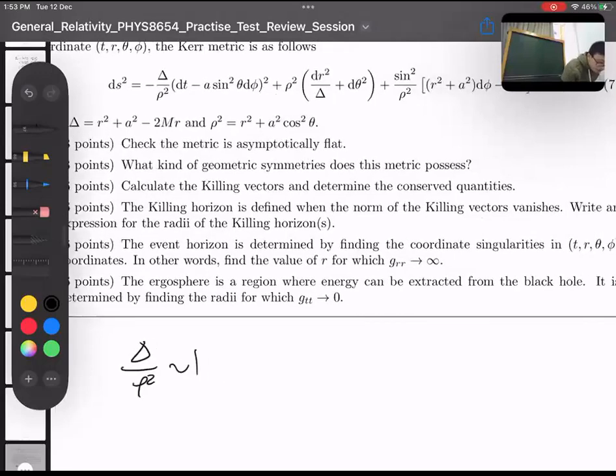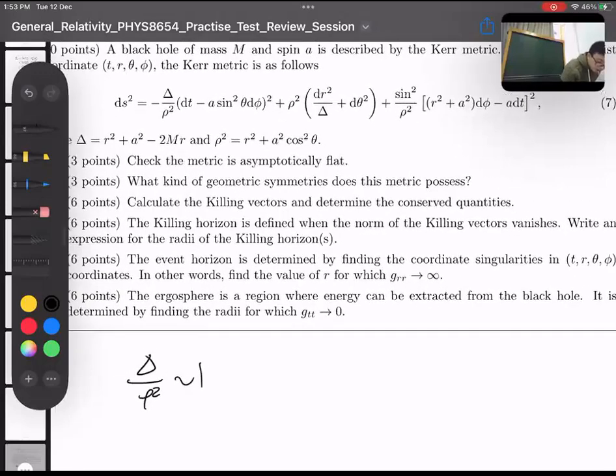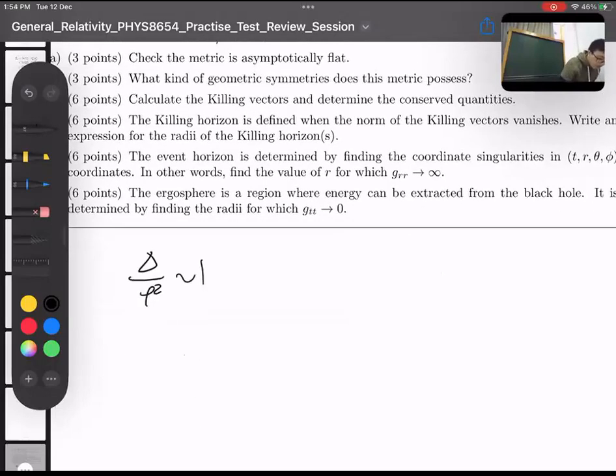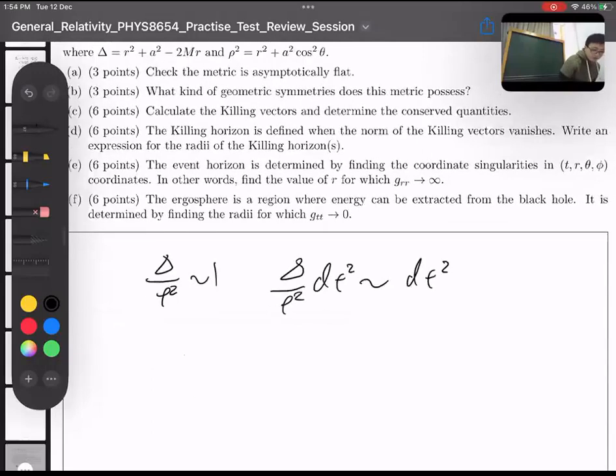But let's also examine the other terms. Here we have the same term. This is of order 1 because they're both of r squared. So we keep this term. In principle, delta over rho squared times dt squared, in the asymptotic limit is dt squared, if you set r to infinity.